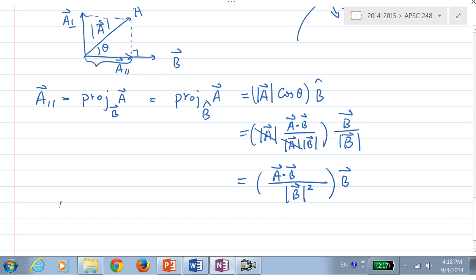So A perpendicular equals what? Exactly, excellent. A vector minus A parallel. If you move this A parallel up to here, you have this triangle, head to tail, so that gives you A perpendicular.